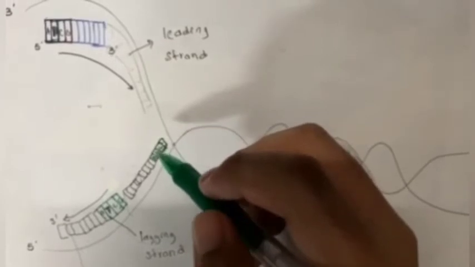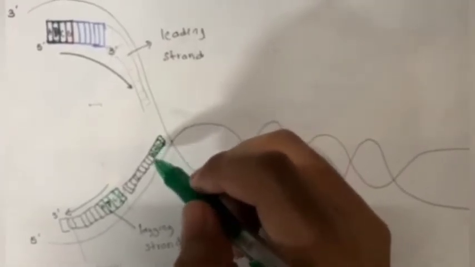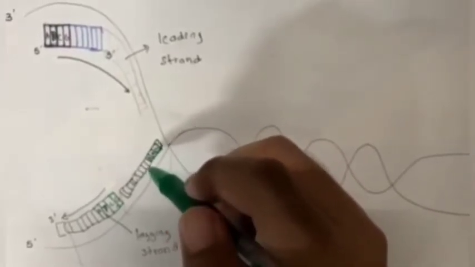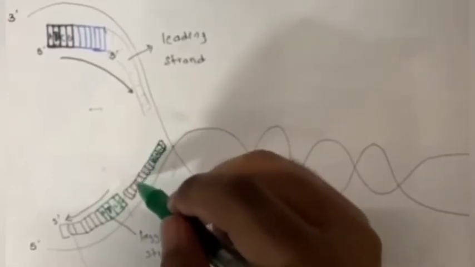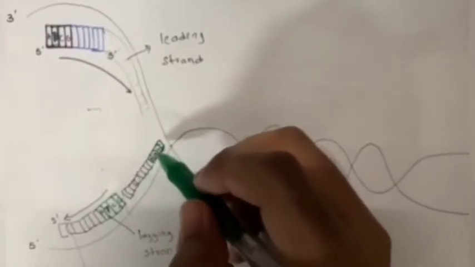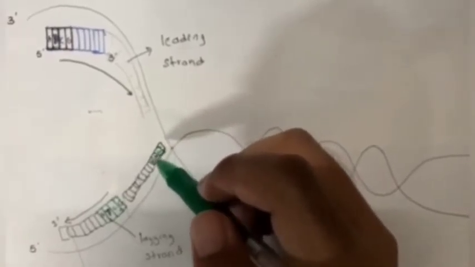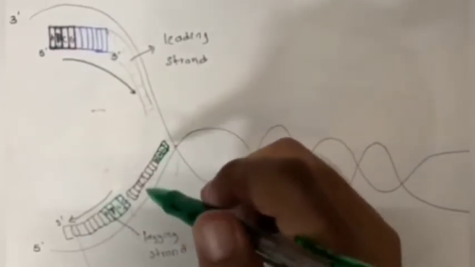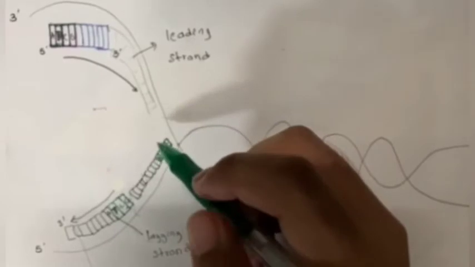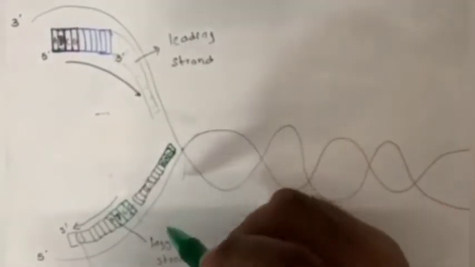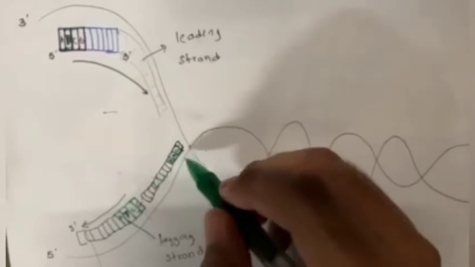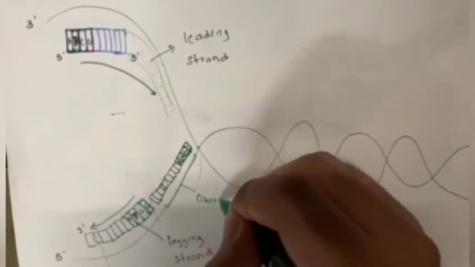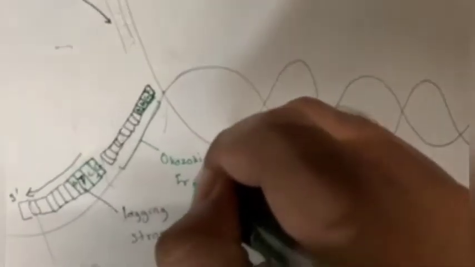I'm already picturing that it starts from the primase that forms the RNA primer, and then DNA polymerase 3 will add new DNA nucleotides, and then the RNA nucleotides will become DNA nucleotides by using DNA polymerase 1. So this fragment is called an Okazaki fragment.